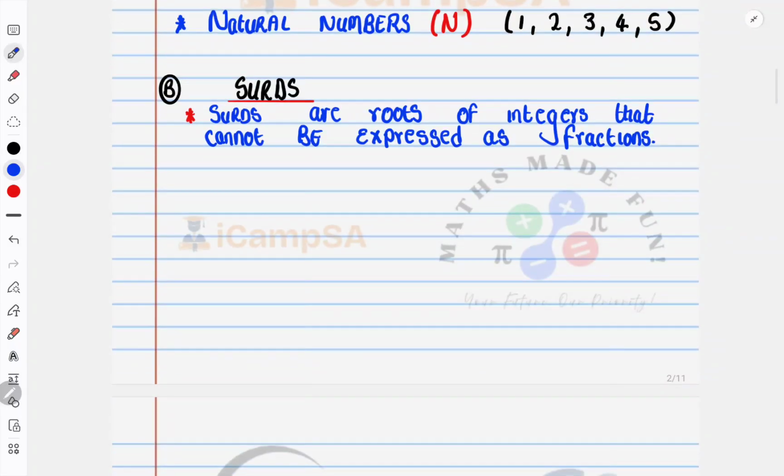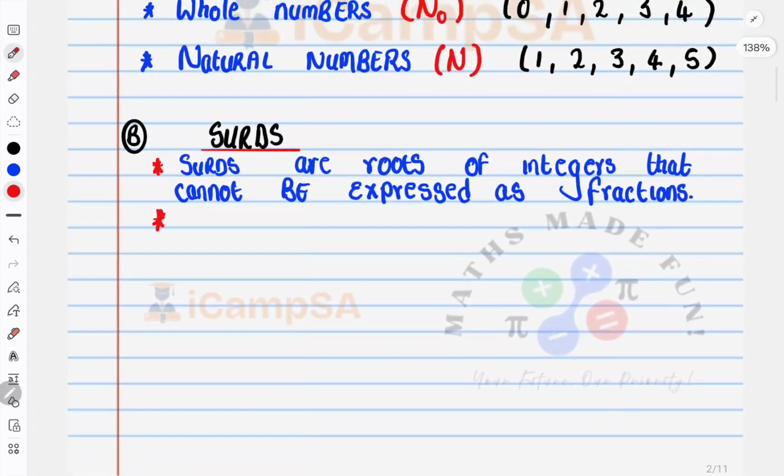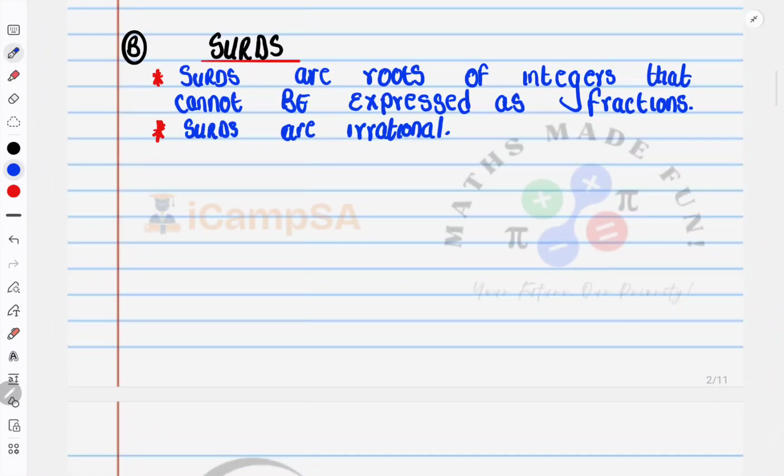Okay. And just to quickly mention what I've already said: surds are irrational. This means the same thing as what I've just written, that they cannot be expressed as fractions.